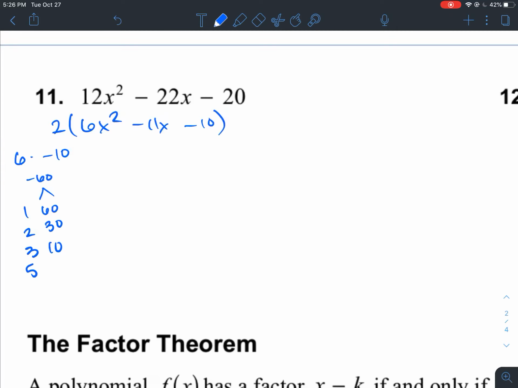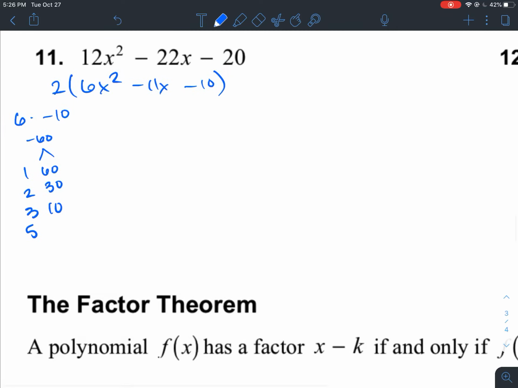And so if we divide that by 5, what is that going to be? What about 4? If I divide it by 4, so 4 and 15, those are multiples of 60, okay? And right there, I can actually get negative 11 from here if I have negative 15 and positive 4.